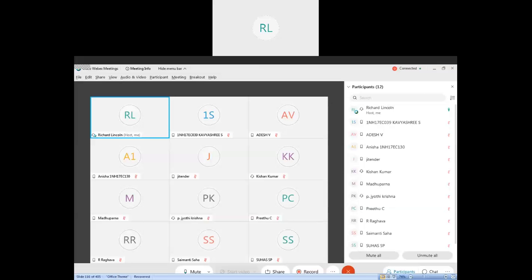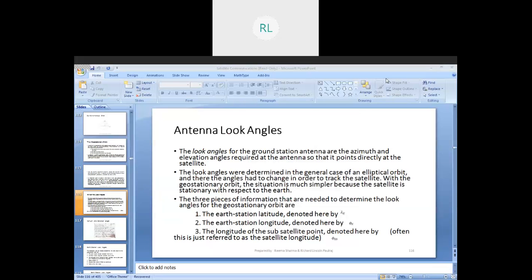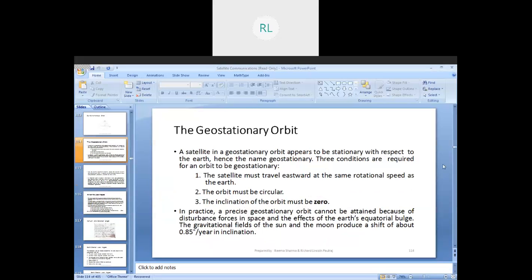So we have to start off with something called antenna look angles, right? And just for recalling a few things, we had seen the geostationary orbit. There are a few conditions that need to be maintained for a geostationary orbit. So what are those three conditions? The satellite must travel eastward and should have the same rotational speed, and the orbit must be circular.